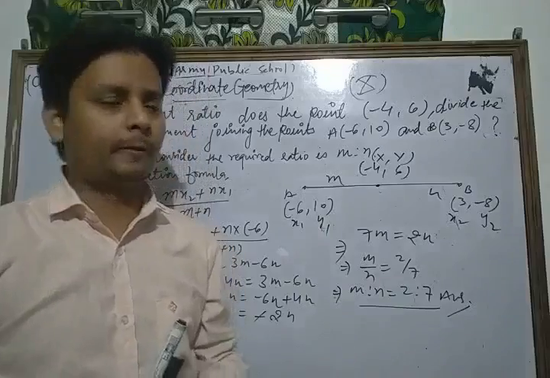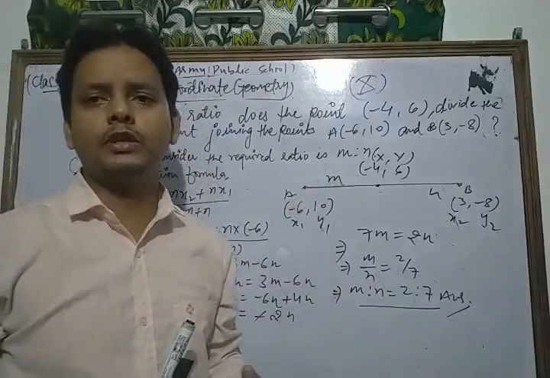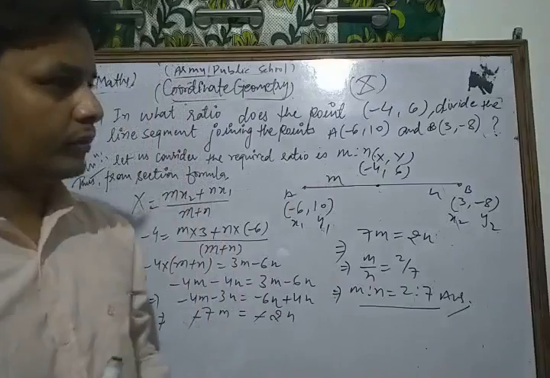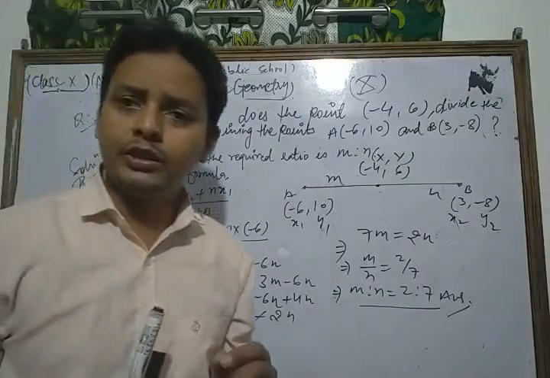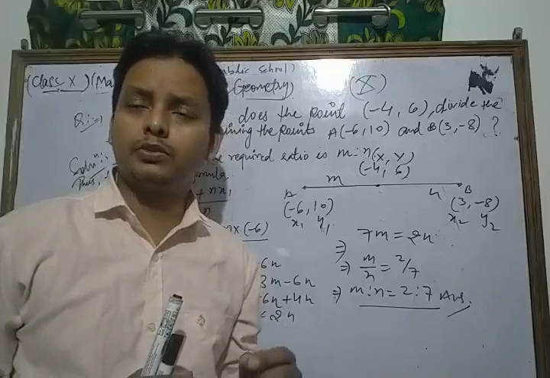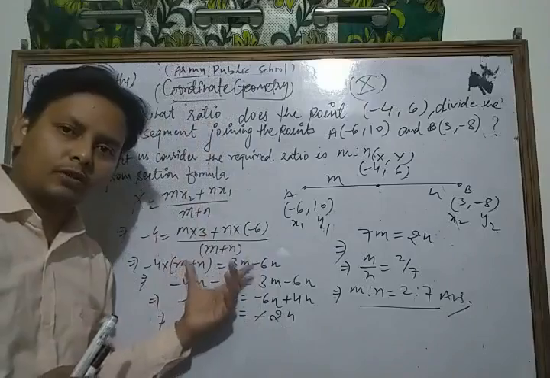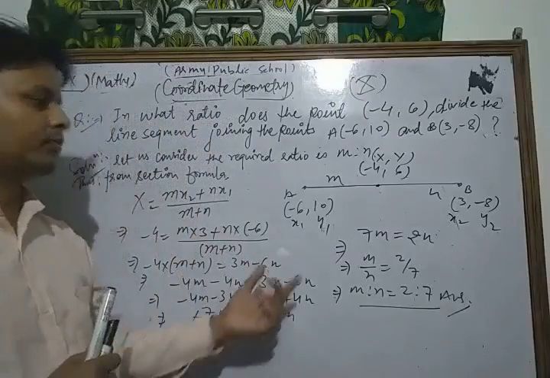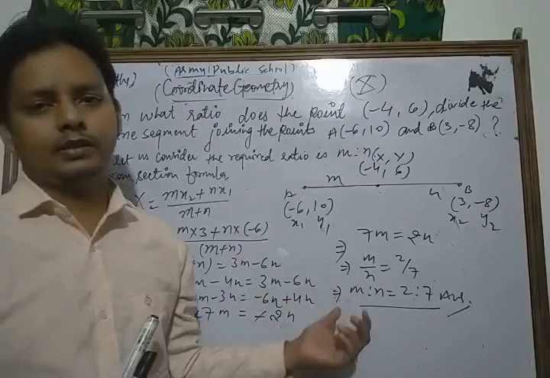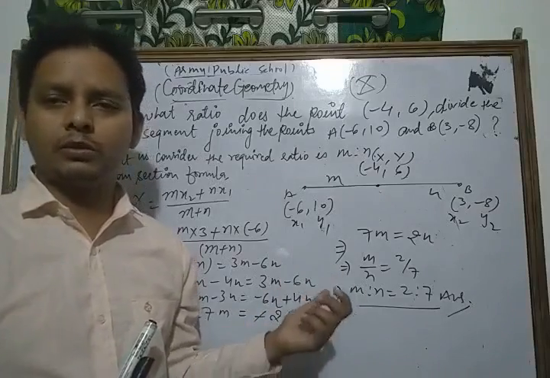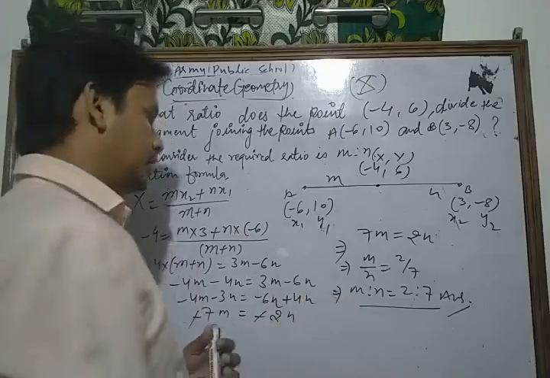This is our question here. So we take the required ratio as m is to n. Generally, in this way we find the ratio m is to n. For that we apply the section formula for x. So after simplifying, we get our result. Similarly, we take and solve some other important questions based on coordinate geometry. Let's see.